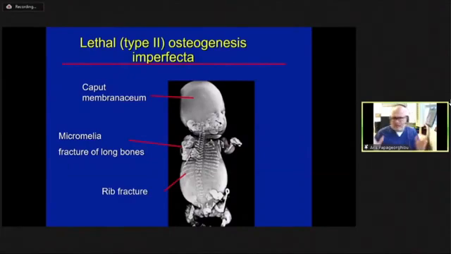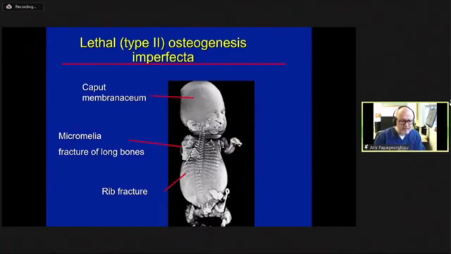There are lots of types of osteogenesis imperfecta. Saha will correct me, I'm sure, but I think at the last time I looked, there were 8 types. Type 1 is the mildest and the most common type, so roughly half of OIs are type 1, and that's the one associated with mild bone fragility and relatively few fractures.